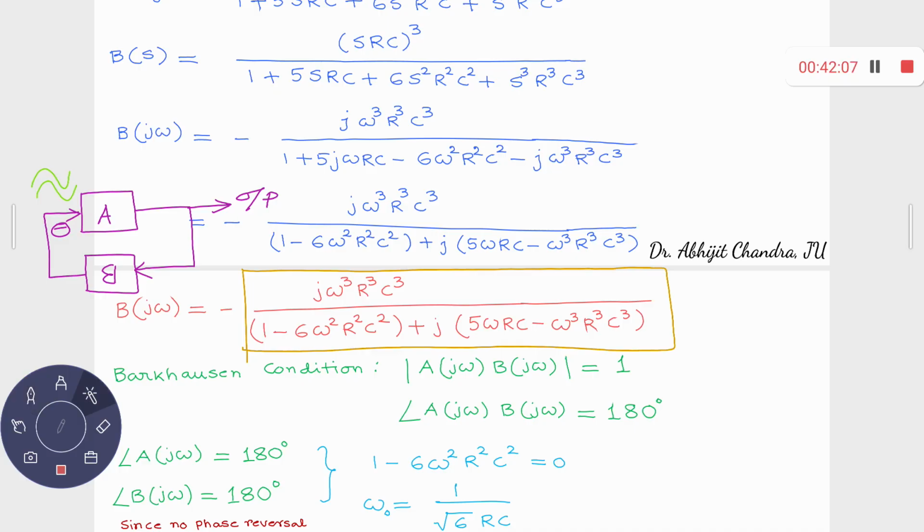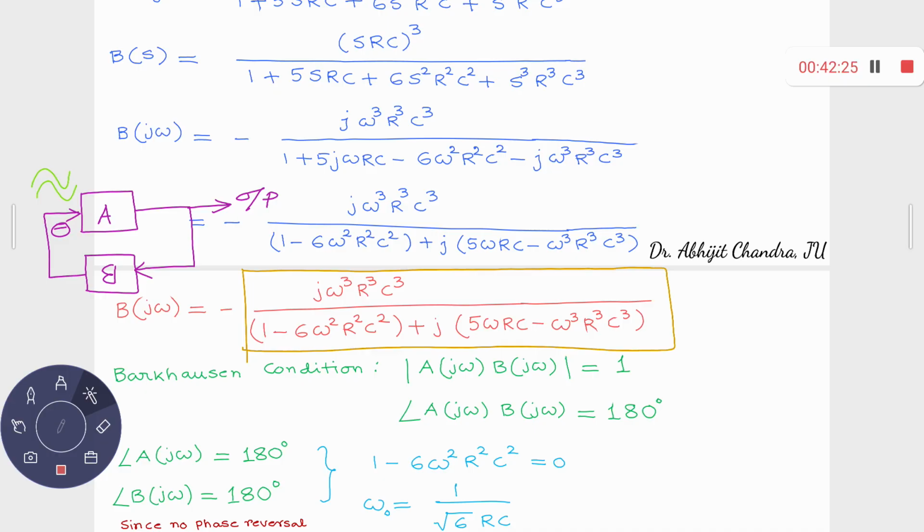Right? So in the numerator you have some j into something, and in the denominator you have a plus jb. So that imaginary part has to be equal to 0. Then the j's get cancelled, and ultimately what you have is minus some real part.